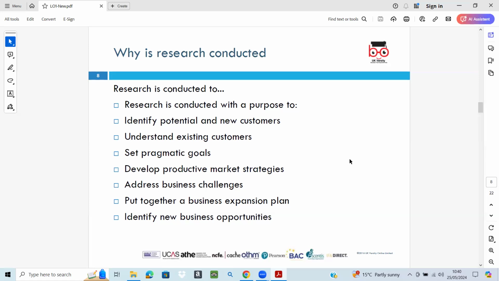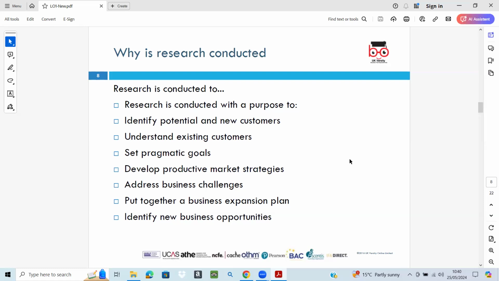Identify potential and new customers. So, what would be the purpose of it? It's to expand the customer base by understanding potential market segments and identifying unmet needs.